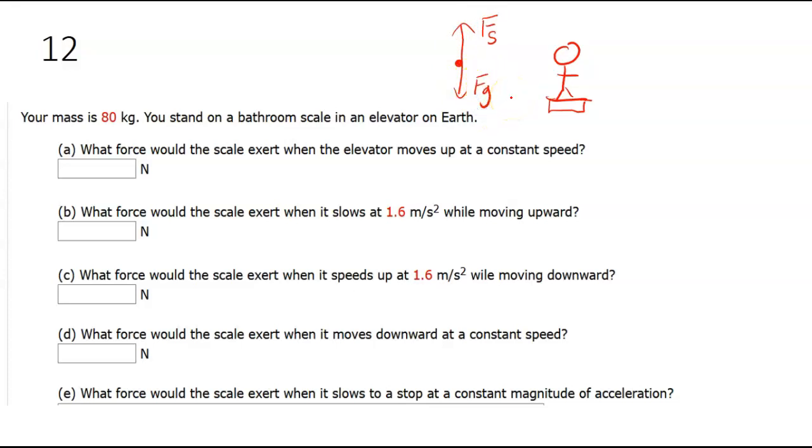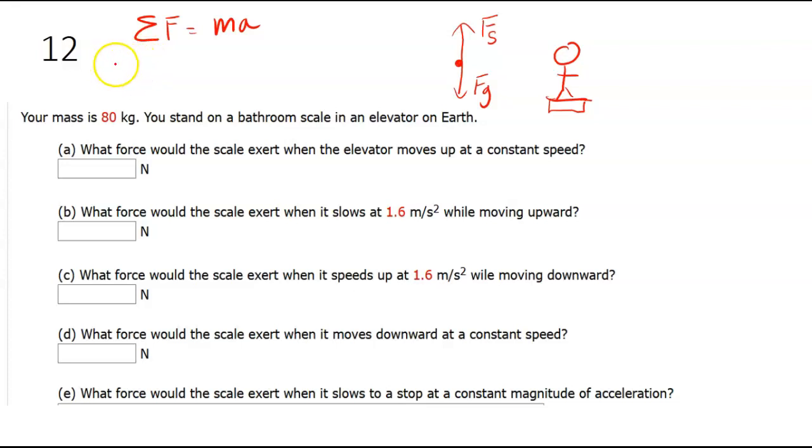Without even knowing anything about my acceleration, I can look at this free body diagram and know that the net force, right, we say the sum of our forces is equal to mass times acceleration, but specifically I have to look at a free body diagram to determine what that sum is.